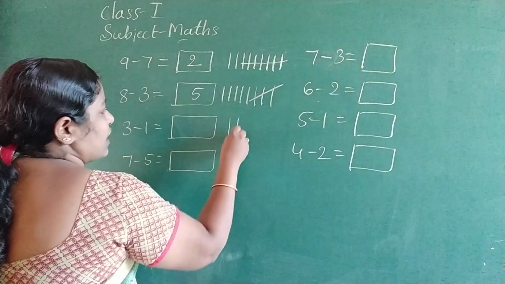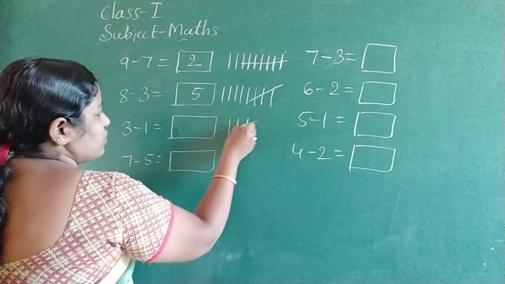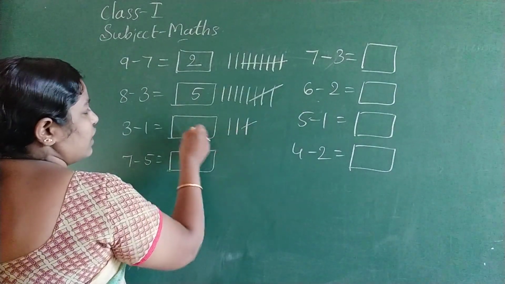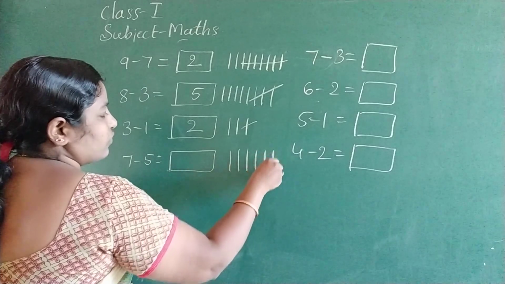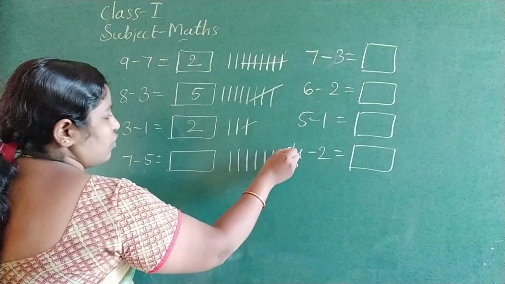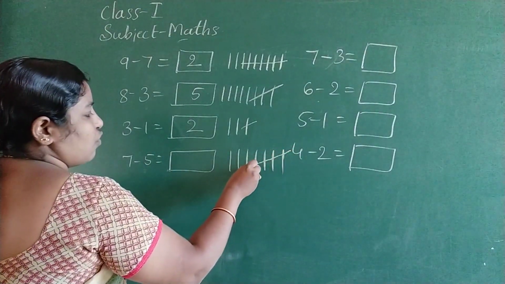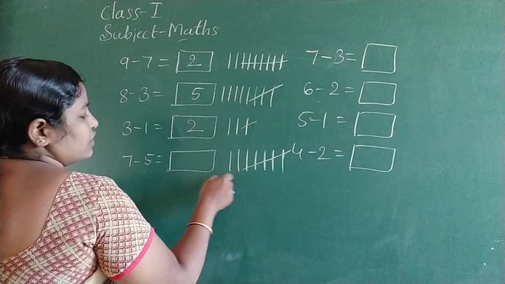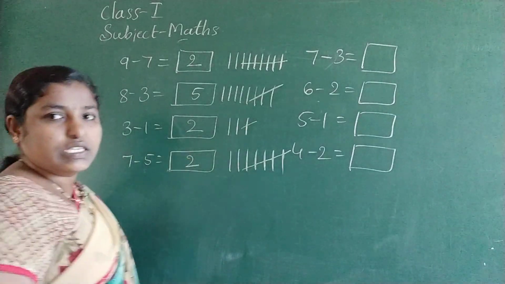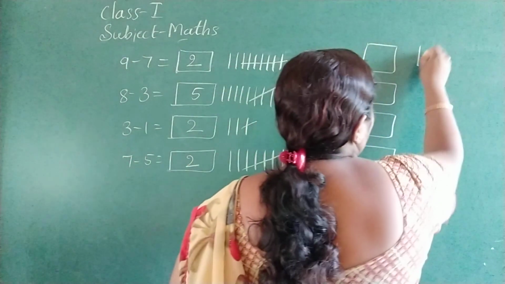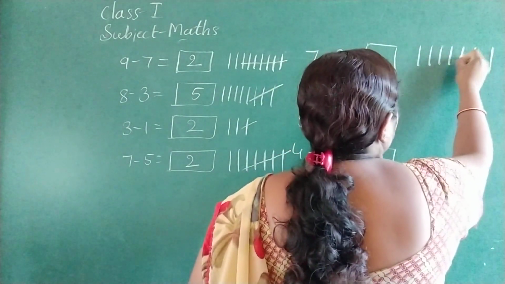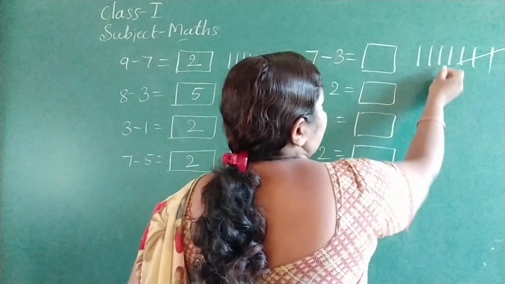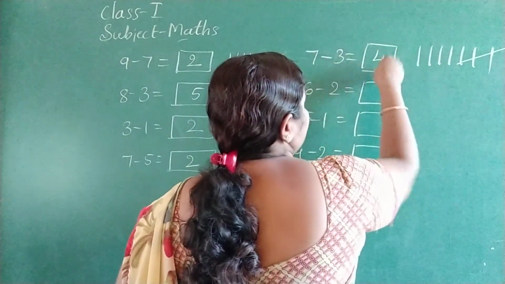Next, 3 lines. Minus 1. So cross 1. How many are remaining? 2. Next 7 minus 5. 1, 2, 3, 4, 5. How many left? 2. Yes. Come to this 7 minus 3. Minus 3. 1, 2, 3. So 3 you should cross. 1, 2, 3, 4 is remaining.